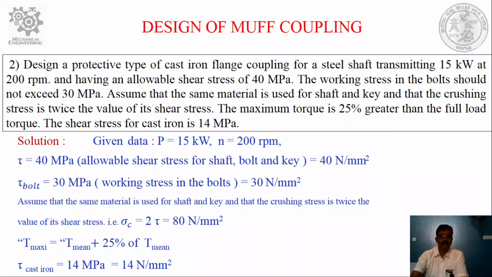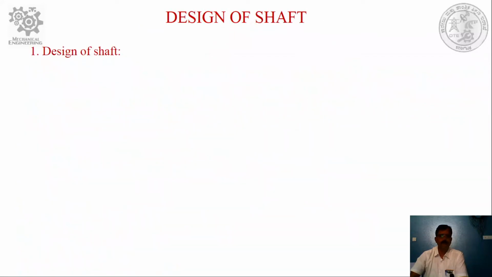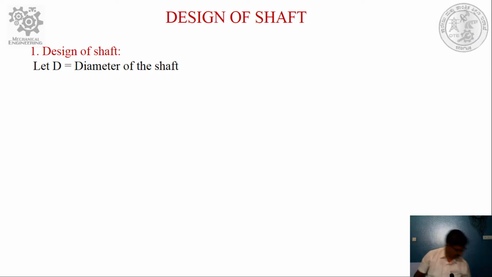Now let us start to design the shaft, hub, flange, keys and bolts. Now let us do one by one. Design of shaft. Let capital D be the diameter of the shaft.